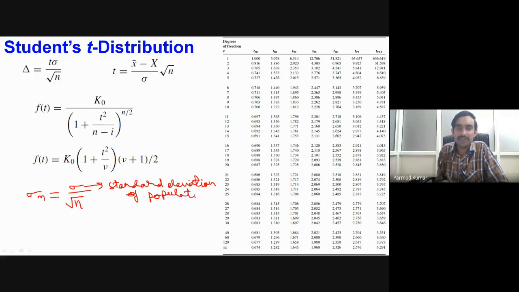Using this correlation, we are relating the standard deviation of the population to the standard deviation of the mean, which we have on the left hand side.